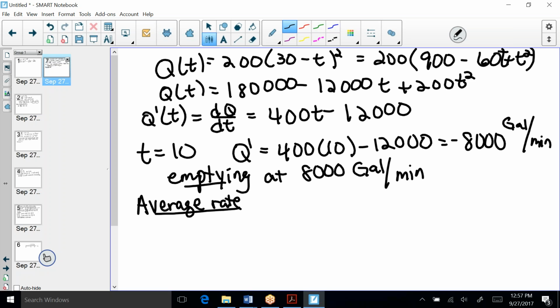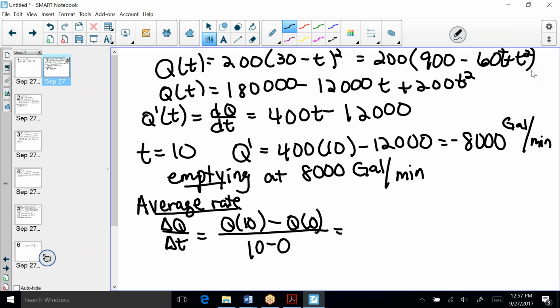So we can do delta q over delta t, and that's going to be the rate q at 10 minutes minus the rate q at 0 minutes divided by that time 10 minus 0. And that's going to give us our average rate of change.